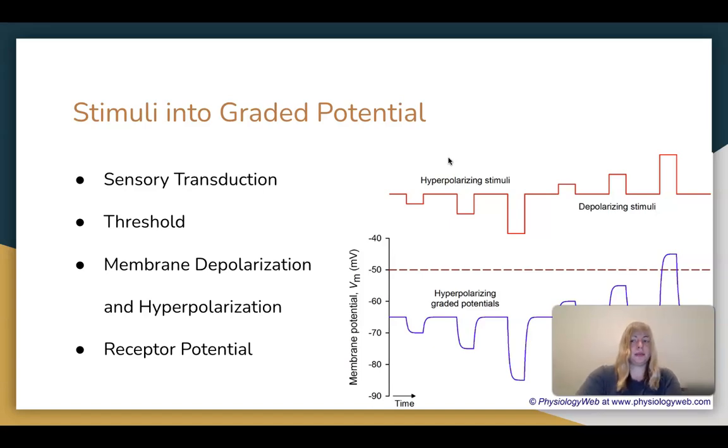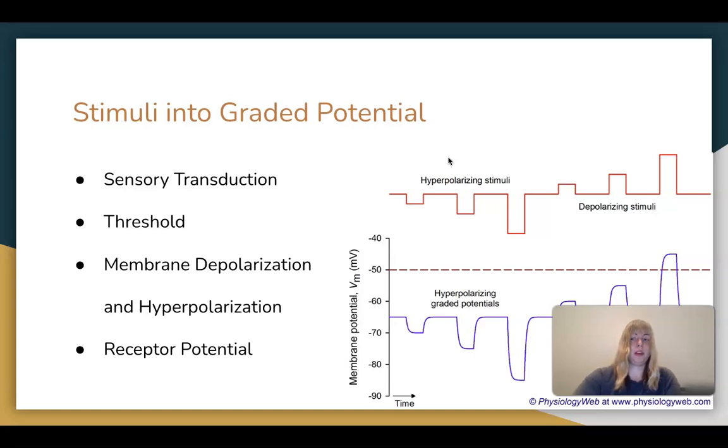The energy in the stimulus, whether it be chemical, physical, or heat, is changed into an electrical response that involves the opening or closing of membrane ion channels. Some sensory transduction mechanisms include signal transduction and second messenger systems that initiate the change in membrane potential.